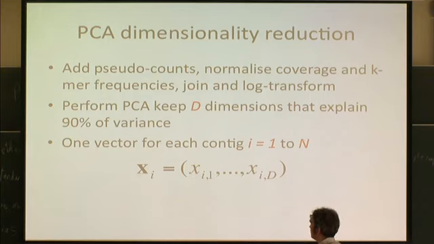So we've now got both sources of information in the vector, and then we do something pretty crude. We actually perform a PCA on those vectors, and we keep the first D dimensions that explain 90% of the variance in the data. We're doing this to try and reduce the dimensionality of the problem somewhat, and it also mixes together the coverage and the composition.